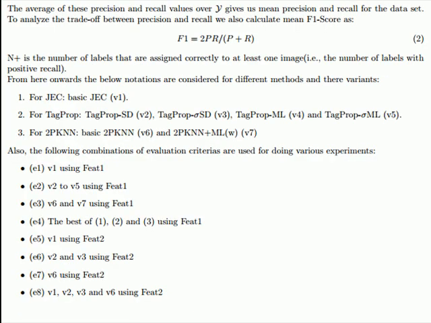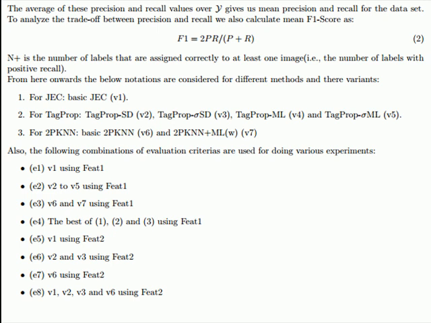So we are comparing three different methods and their variants to see what algorithm performs better. For JEC, there is just one variant, which is referred to as V1. For TagProp, there are four variants, including single distance and machine learning. And for 2pKNN, there are two variants, one simple and one that includes machine learning. Similarly, we have different evaluation strategies.